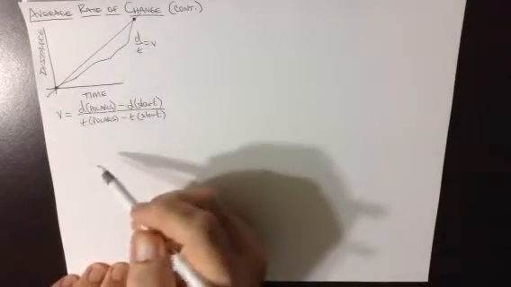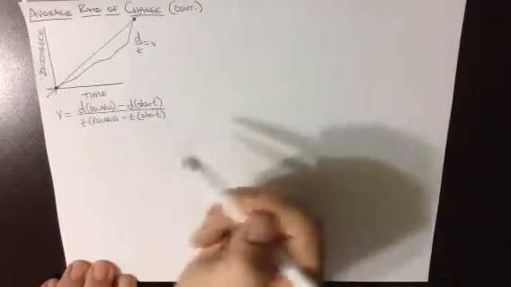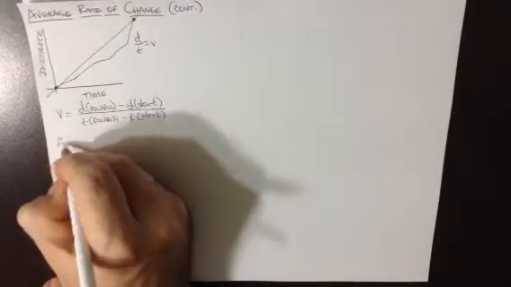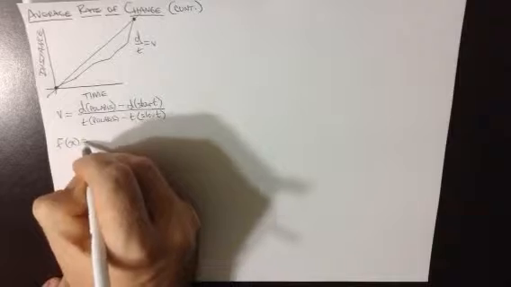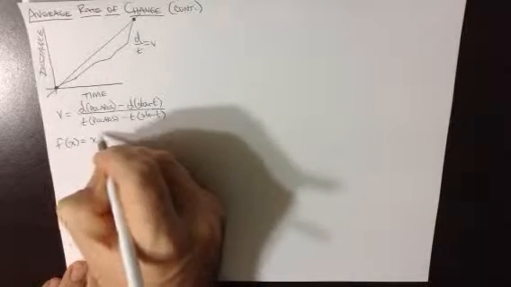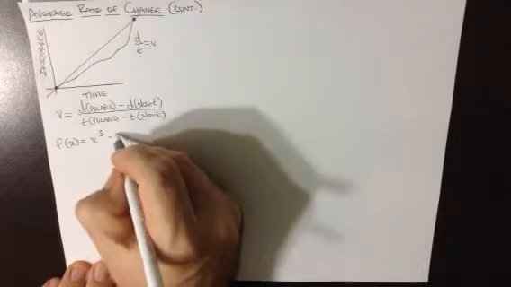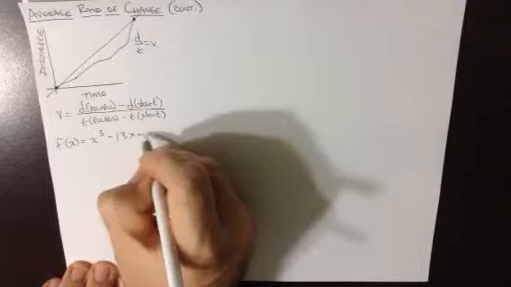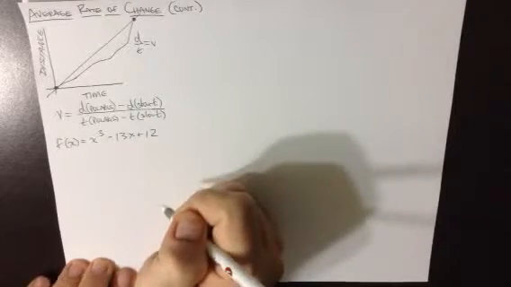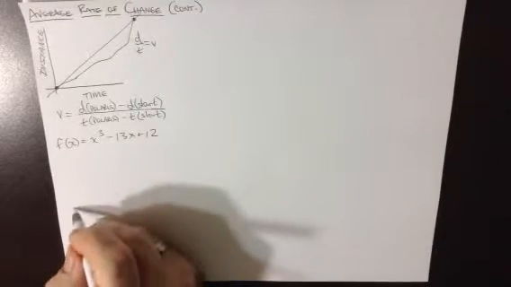Let's go back to a function. I worked one out here. If we use the function f of x equals x cubed minus 13x plus 12. Let me draw you a sketch of this so you can kind of see what it's doing.